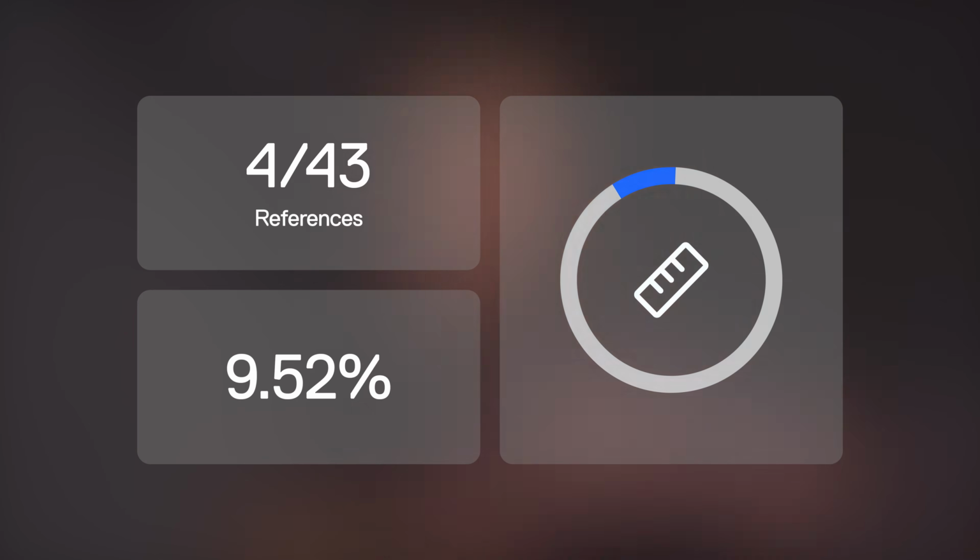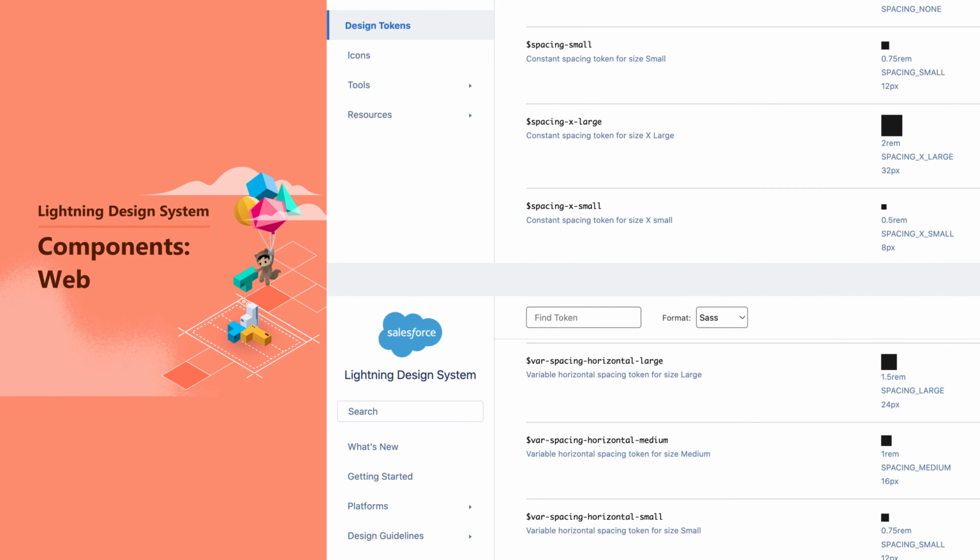The scale approach was used in combination with 4 out of 43 systems, or 9.52%. This combination approach splits the spacing values into groups based on scaling for various breakpoints or various device sizes. If we look at Salesforce Lightning Design System, they split the spacing based on constant and variable values. It's also combined with a direction and a t-shirt size.